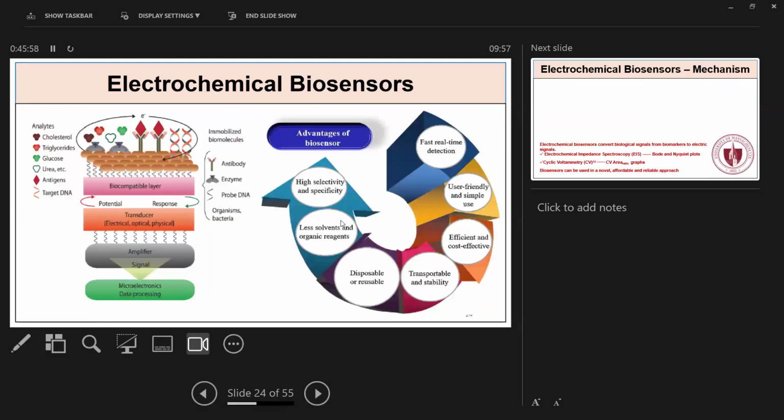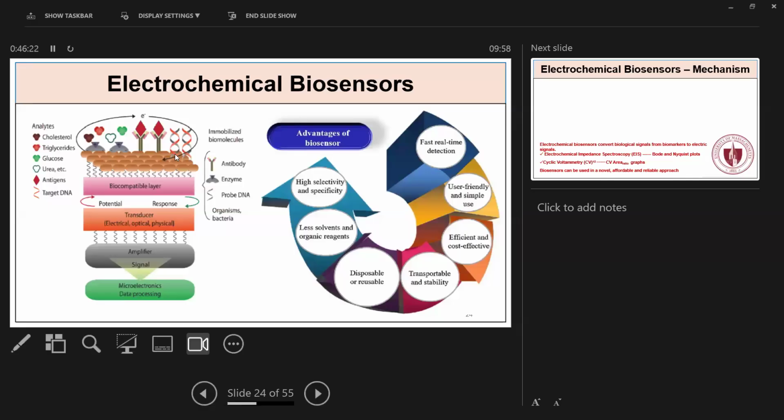Yeah. So as I mentioned before, this is the working principle. First, the biocompatible layer. This is the layer where all the biological events occur. On top of the electrode, you functionalize the electrode with a particular antibody, and then the protein, we coat that particular protein in different concentrations, right?